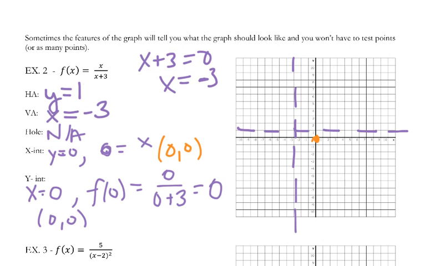Our graph is split into two main sections by the vertical asymptote, the left side and the right side. On the right side, we have one point already plotted, and that's our x-y intercept, the point at the origin. Our graph has to go through it, and it has to hug the asymptotes. So I'm going to start at it, and then approach my vertical asymptote, and then move over towards my horizontal asymptote.